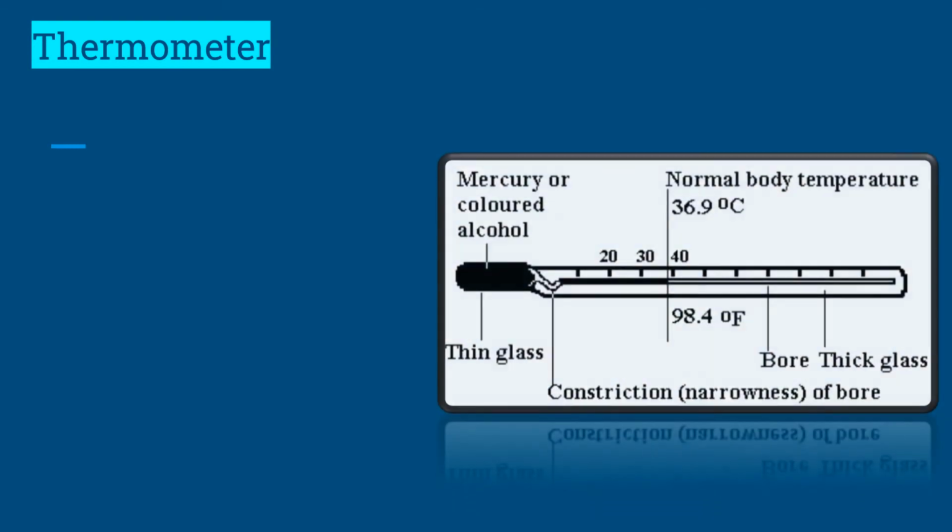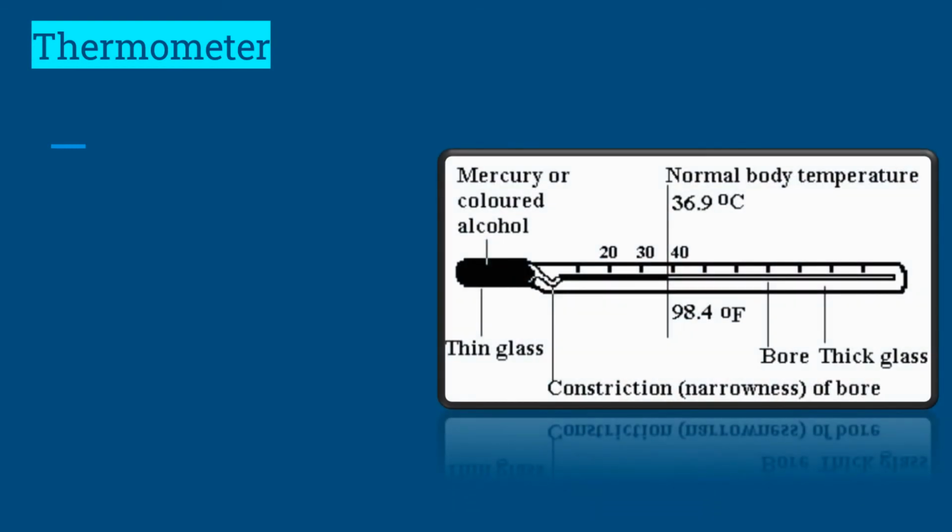Let us look at the device which is used to measure temperature, that is the thermometer. A thermometer is shown in this diagram. It has a narrow glass tube which has a bulb at the end. The bulb and part of the tube are filled with liquid.